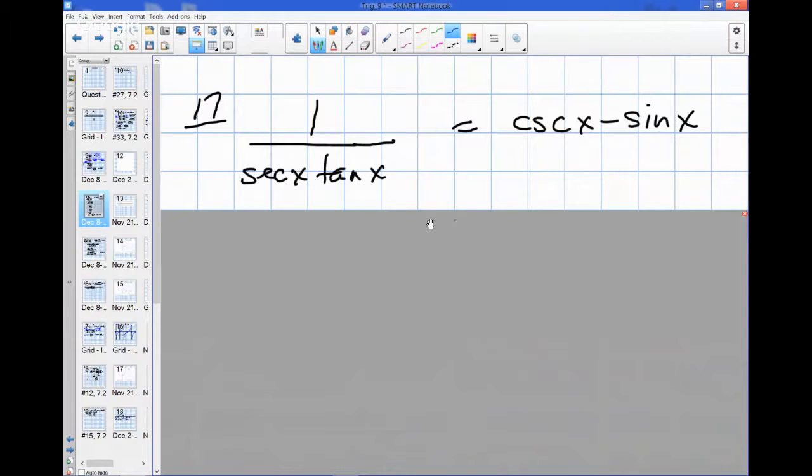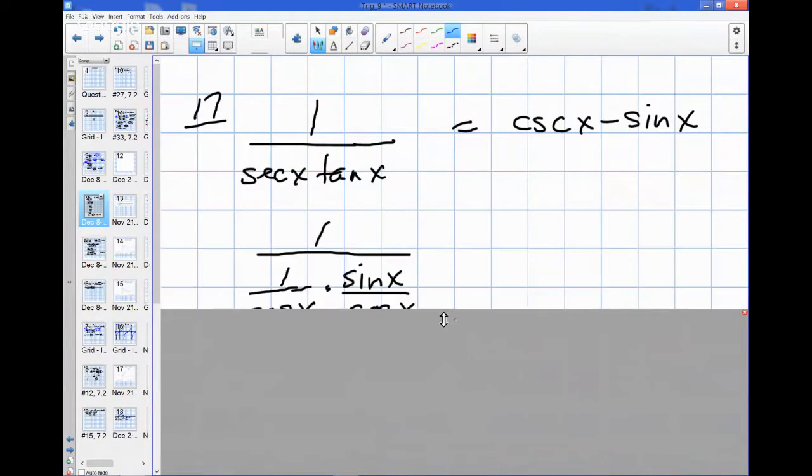So when you don't know what you're doing, one thing you can do is turn everything on the side you're going to work on into sine and or cosine. So secant, can we turn that into cosine? Yeah, that's 1 over cosine. Tangent, can we turn that into anything sine, cosine? Oh yeah, that's sine over cosine. So that's the mentality.